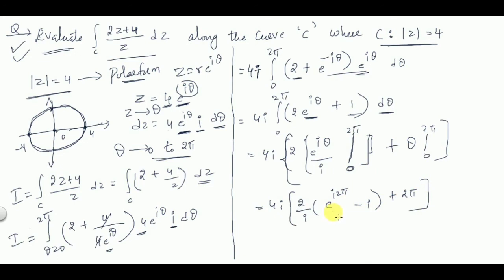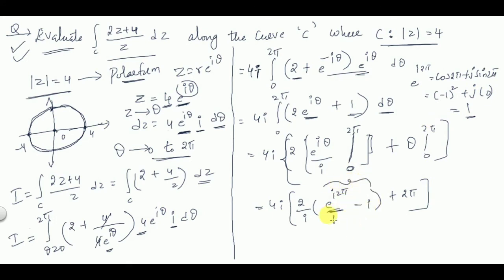What is e^(i·2π)? It is cos 2π plus i sin 2π. Cos 2π is (-1) to the power n, n is 2, so (-1)² plus i sin 2π, which is 0. So this becomes 1, and 1 minus 1 is 0.